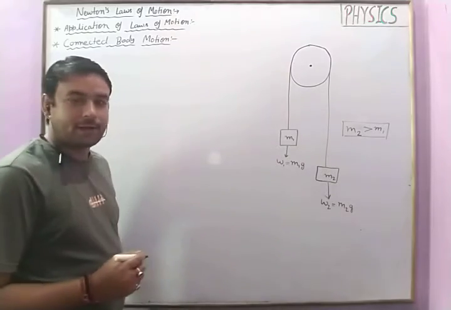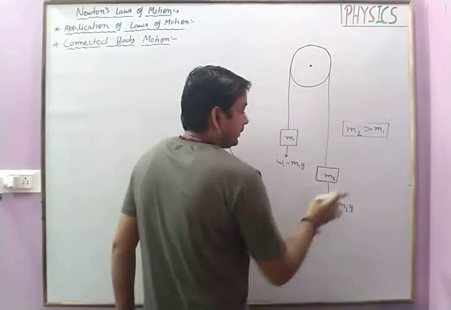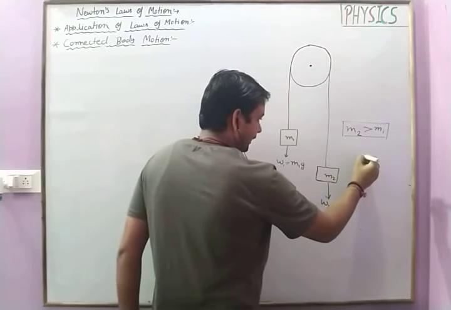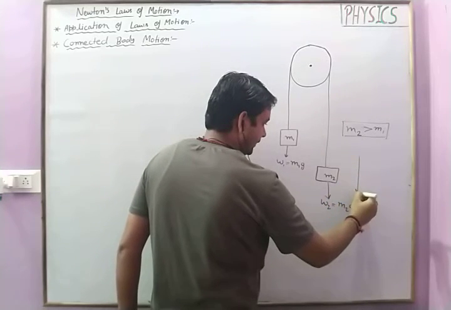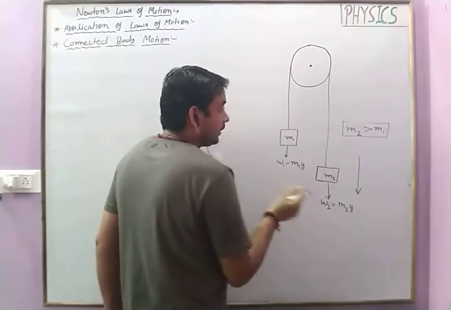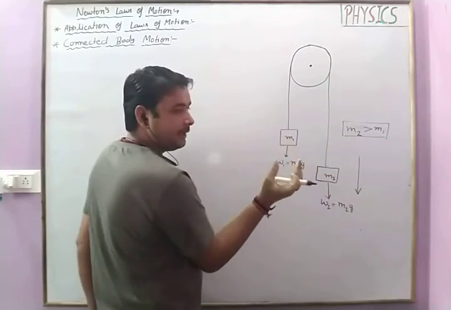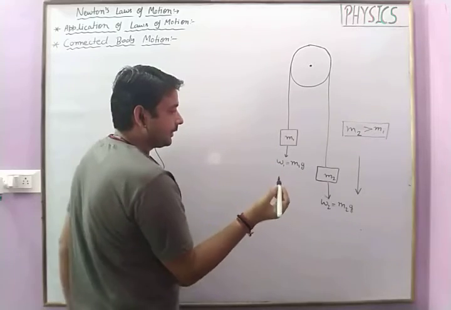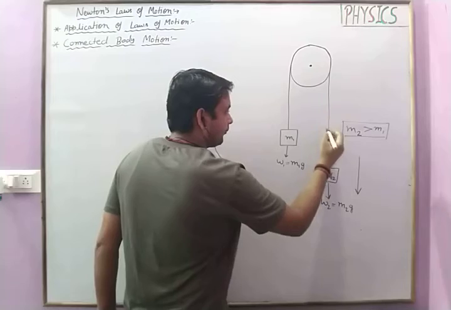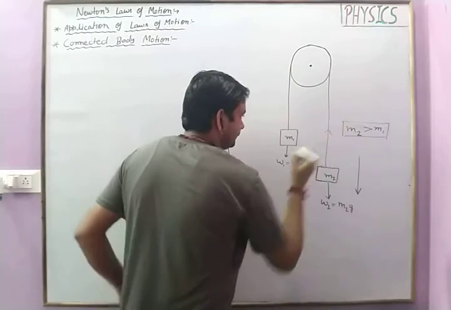It is observed that the heavier body is moving down. जो भारी ऑब्जेक्ट होगा वो नीचे की तरफ मोशन करेगा, और क्योंकि बोथ बॉडीज पे टू फोर्सेस वर्क कर रहे हैं, वन द वेट ऑफ द बॉडी एंड सेकंड इन अपवर्ड डायरेक्शन टेंशन.